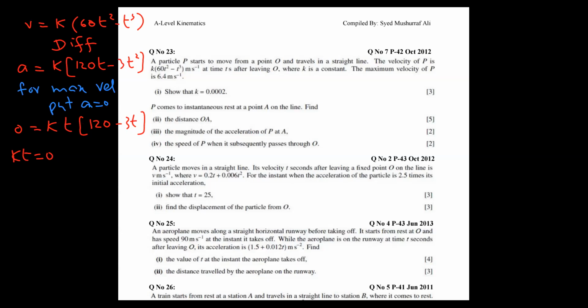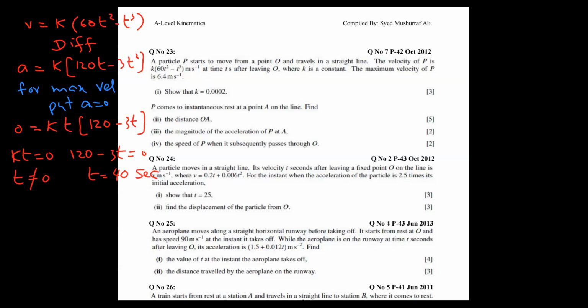So we have two options, and 120 − 3t = 0. From here t becomes 0, which is possible, it is the starting point, but I'm not looking for that time. And t comes from here as 40 seconds.